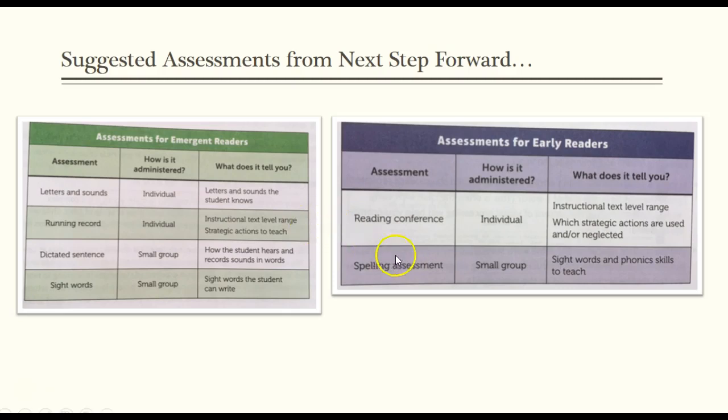So I always recommend some sort of informal reading inventory that measures oral reading fluency plus comprehension, as well as a spelling indicator. As we know, your developmental spelling stage is a more conservative measure.